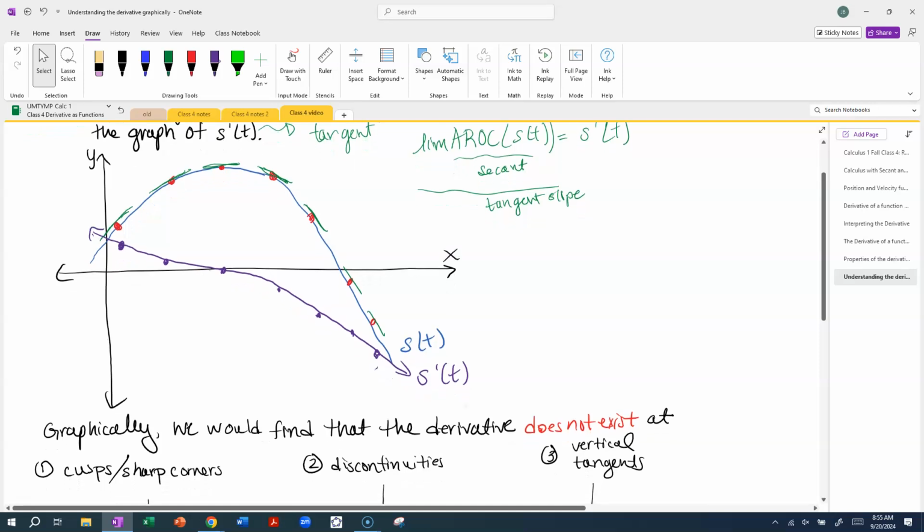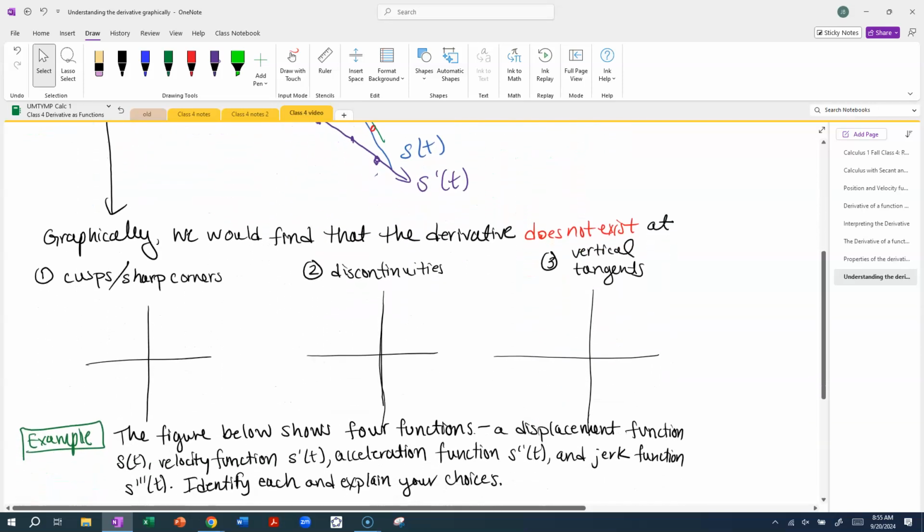And then just note that there are instances where the derivative does not exist. If we have something like a cusp or a sharp corner, a cusp would look something like a bird or like an absolute value graph. Discontinuities, we would have something like this, a jump like that, and vertical tangents, very rare, but you sometimes see them when we have radical functions.